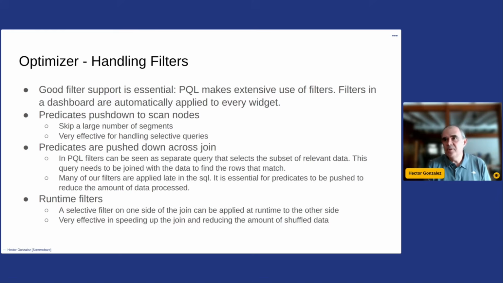And there is this nice feature about runtime filters: these are filters that are computed at runtime as you're evaluating a join, and you can significantly reduce the size of one side of the join if the other side has a selective predicate.